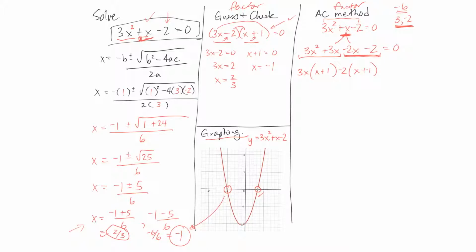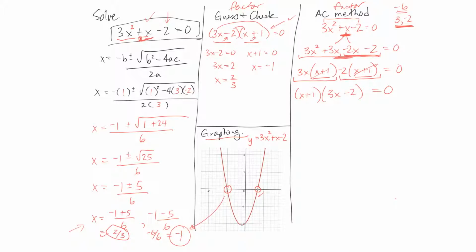Careful with your signs there, is equal to 0. Now this and this have to be identical. If they're not, I did something wrong up there. Okay, so now I've got one term here and one term there. Each of them have an x plus 1, so I could factor that out. And if I factor that out of each of those, then I'm left with 3x minus 2 equals 0.